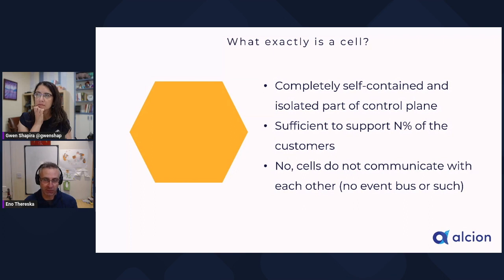So maybe 1% of the customers, or if you want an absolute number, maybe 100 customers. Not more than that though; there is an upper limit. And the cells do not communicate with each other. There is no event bus, nothing of that form. The cells are able to completely service the customer requests and provide what's needed.